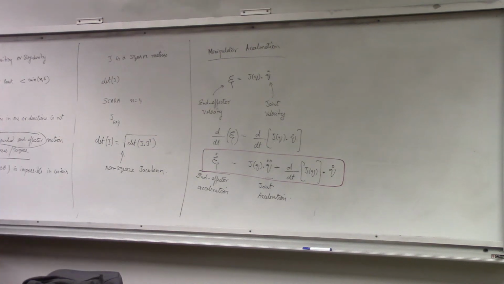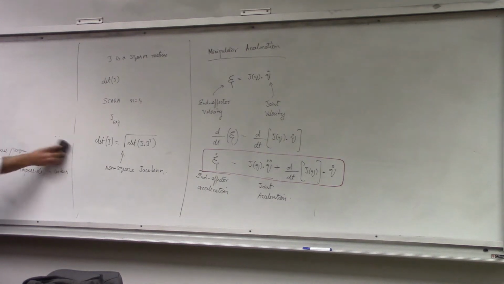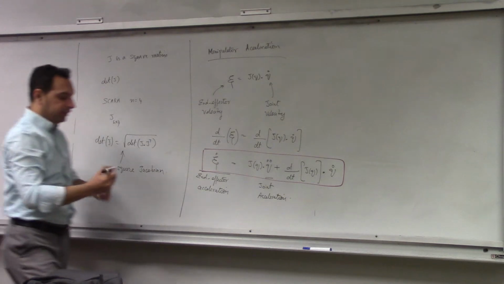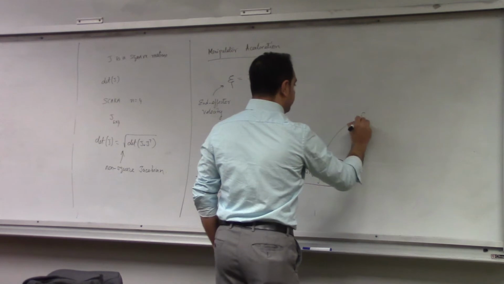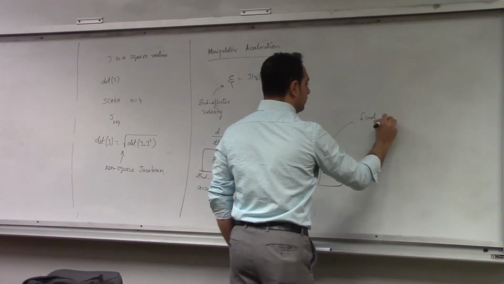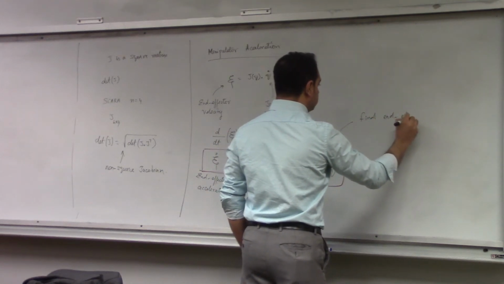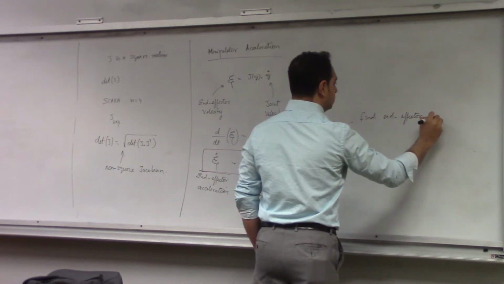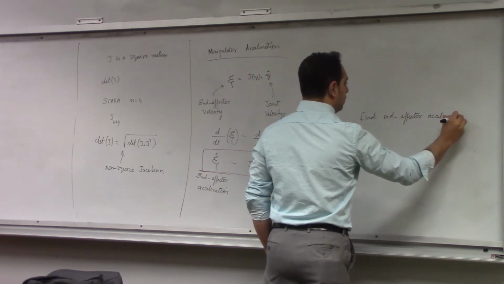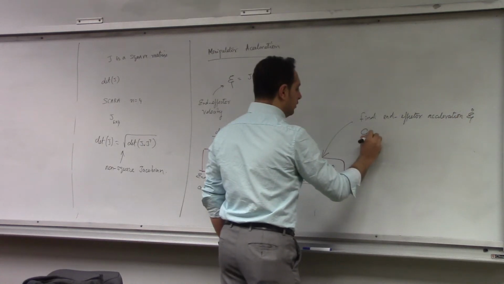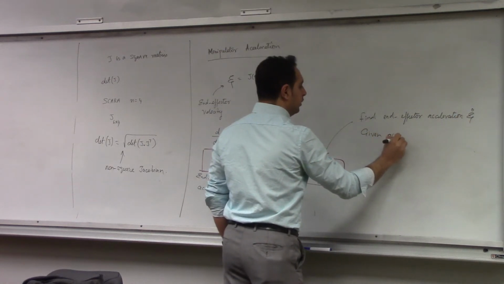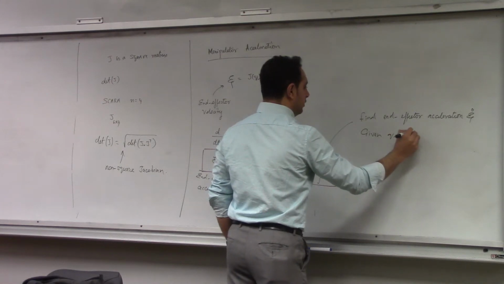So in this case, you can find the end effector acceleration given the joint acceleration. From here, you can find the end effector acceleration, which is eta double dot, given q, q dot and q double dot.